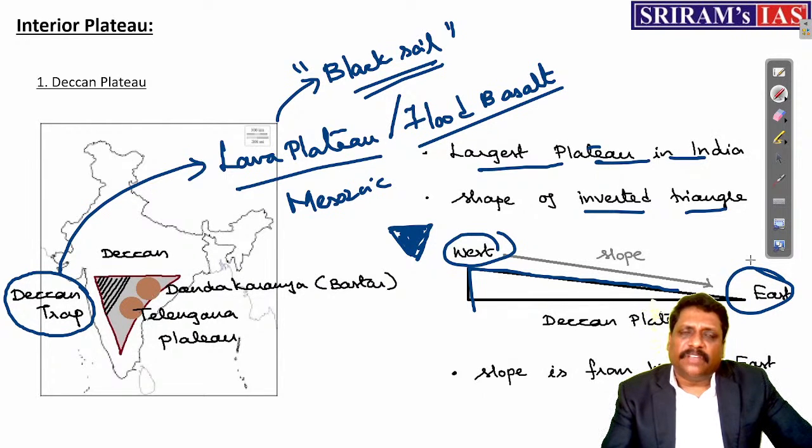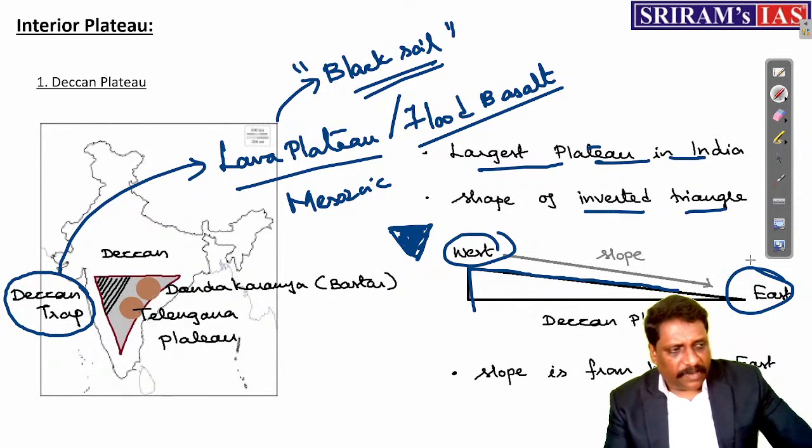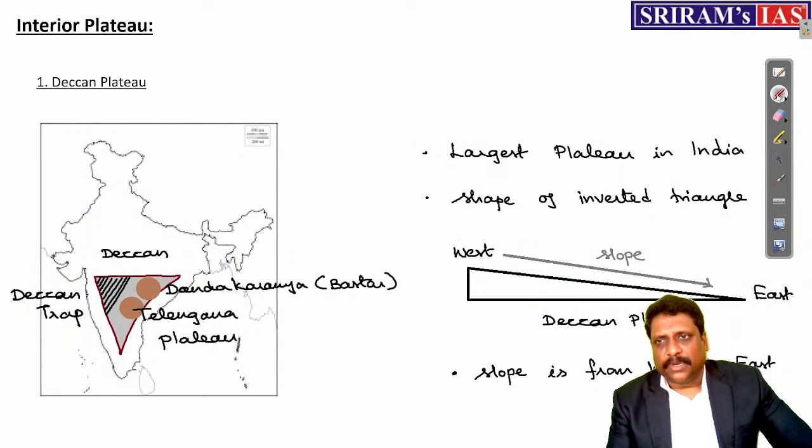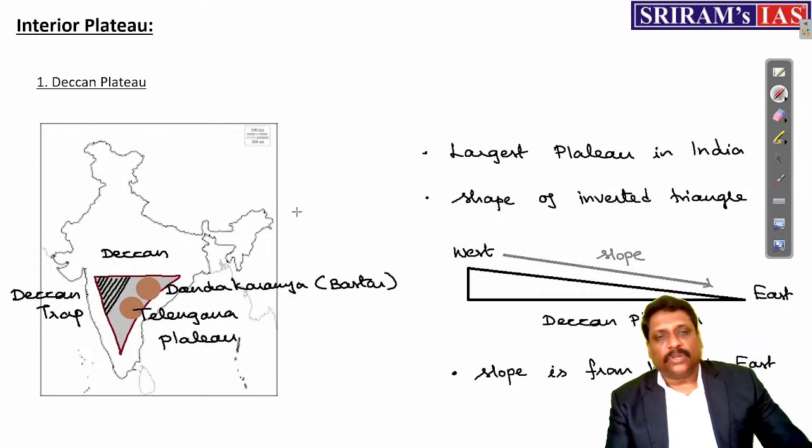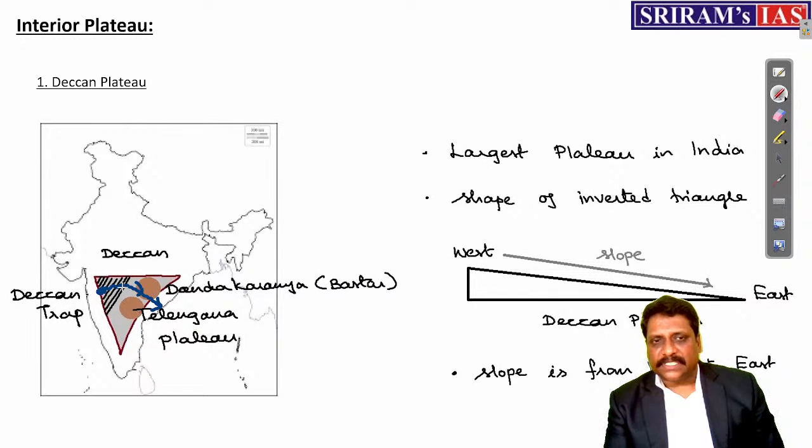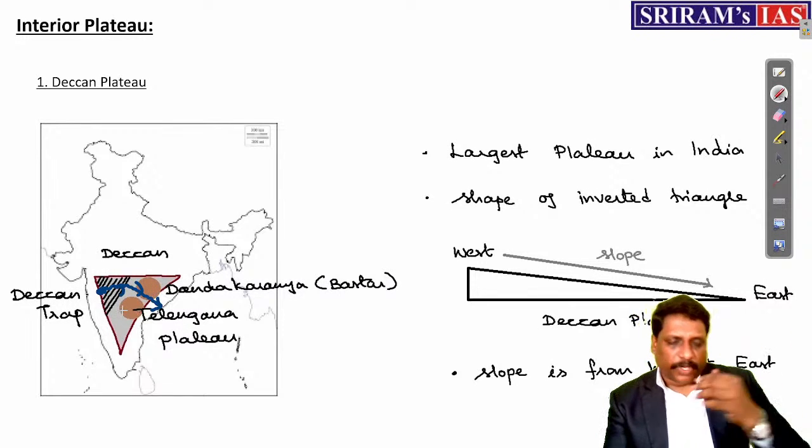We have some very important evidence to confirm the same. For example, I talked about rivers like Krishna and Godavari. Rivers like Krishna and Godavari started near the west coast, because the Western Ghats is very near the west coast. From there they started, and were flowing towards the eastern side.